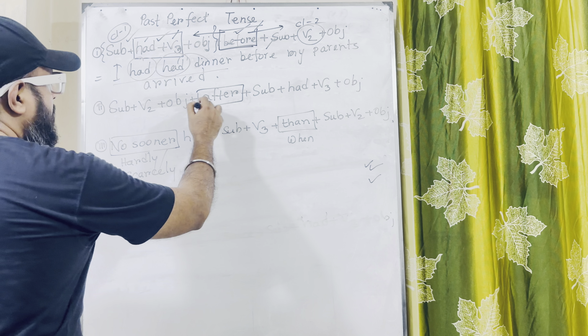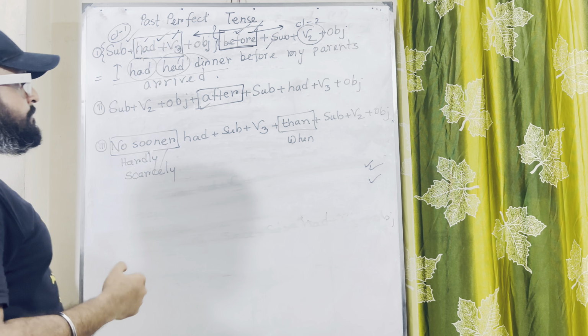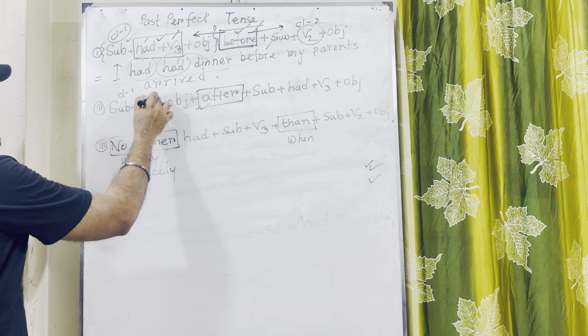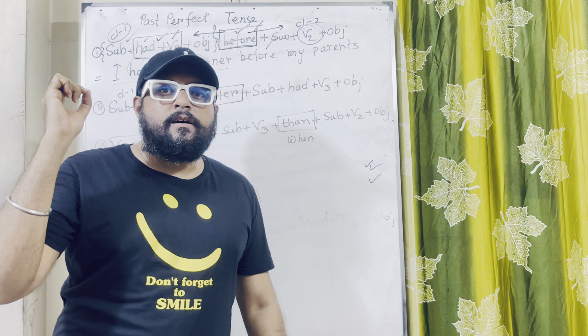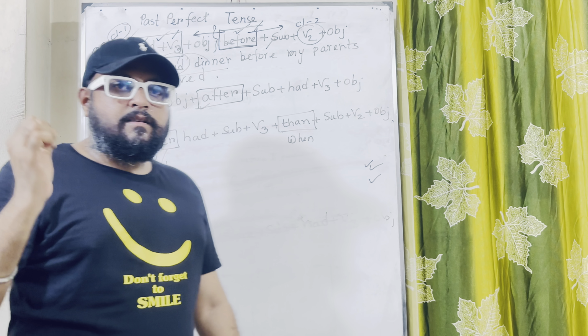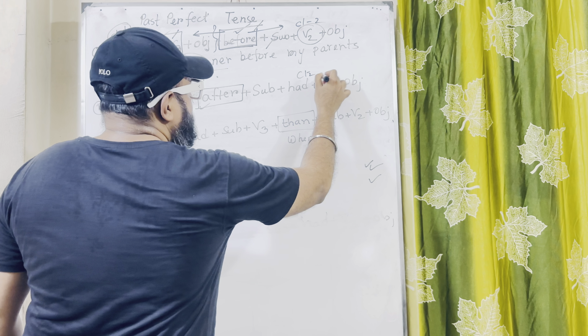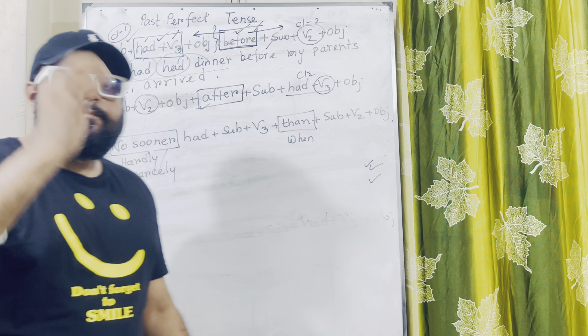Here, we are using the conjunction after. So clause 1 takes the verb pattern V2, indicating the past indefinite or simple past tense, and clause number 2 takes the past perfect pattern, had plus V3.